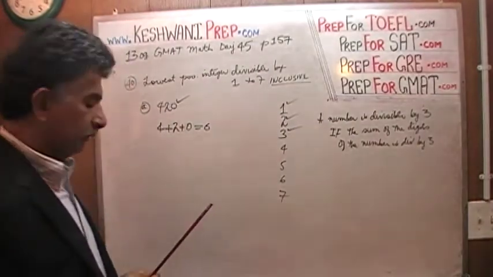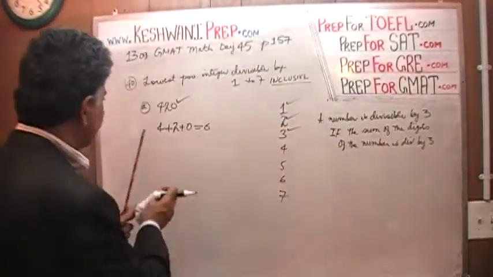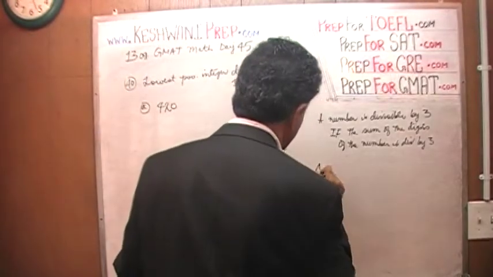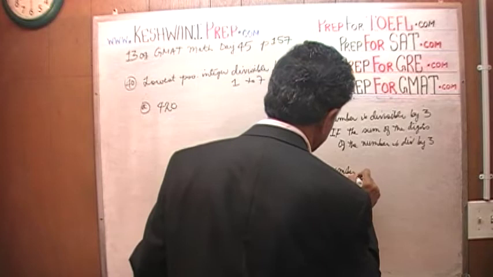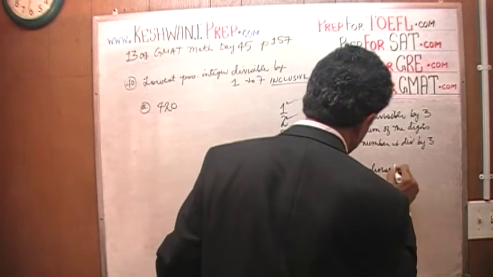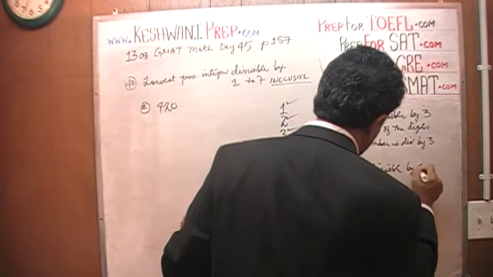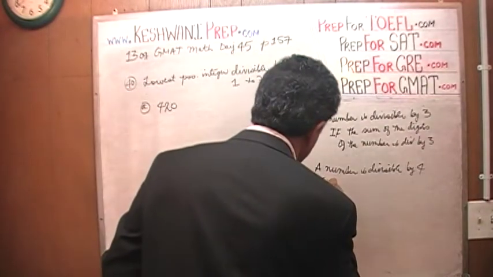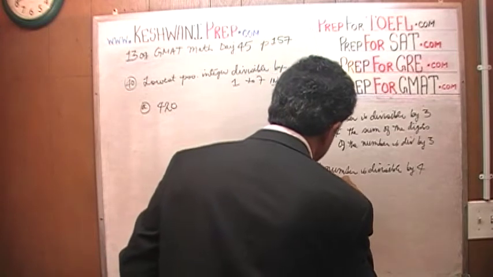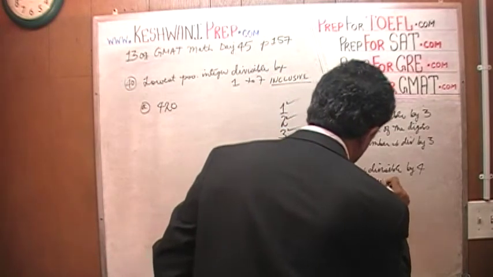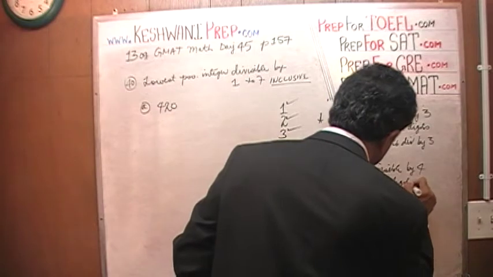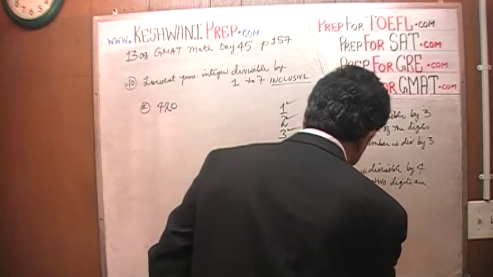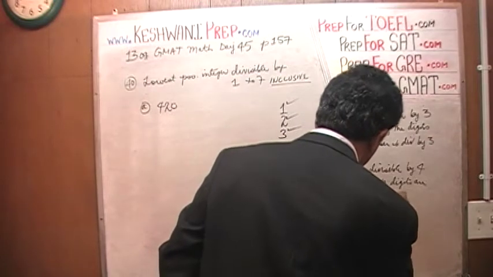What's the rule for 4? Is there a rule for 4? Of course there is. A number is divisible by 4 if its last two digits are divisible by 4.